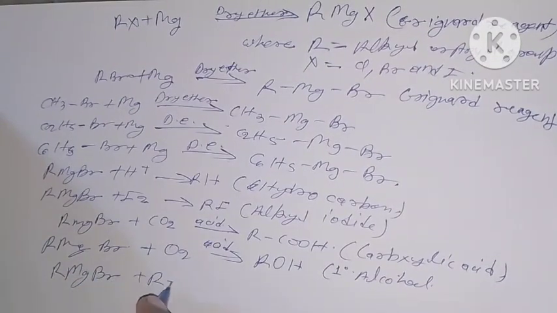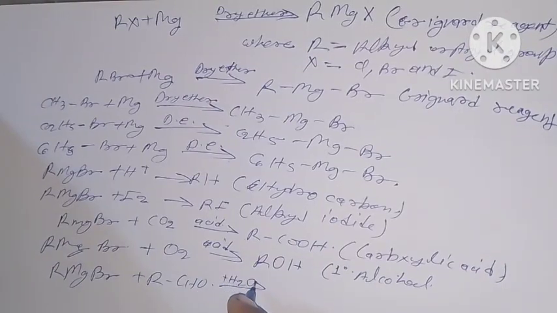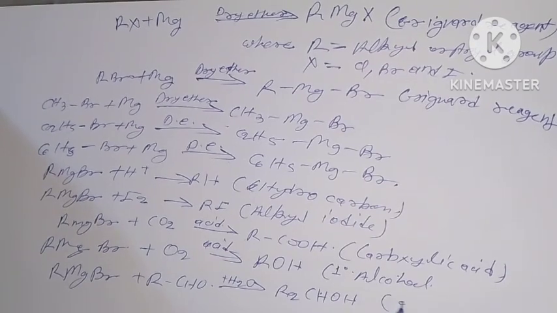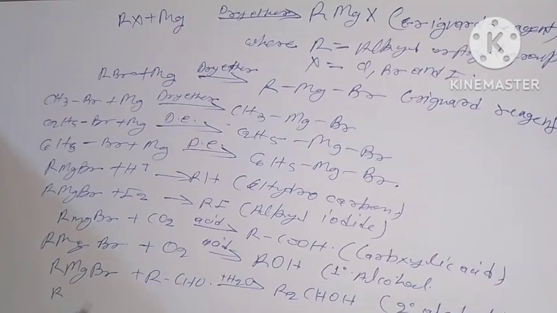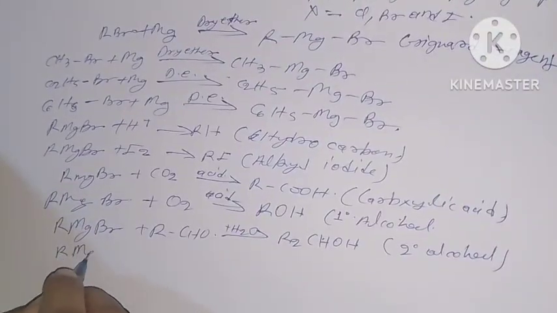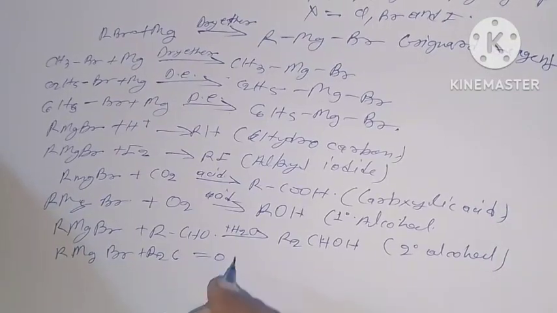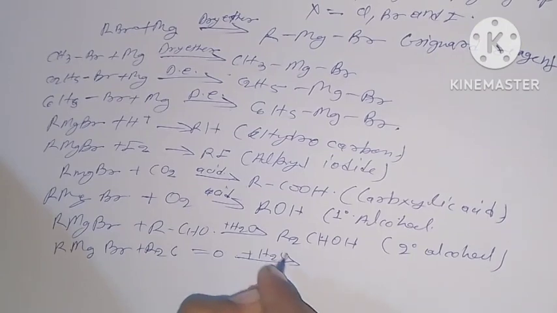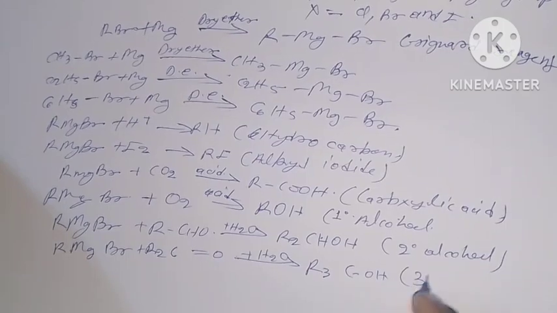RMgBr plus RCHO plus H2O gives R2CHOH, 2 degree alcohol. RMgBr plus R2CO in the presence of H3O+, hydronium ion, gives R3COH, 3 degree alcohol.